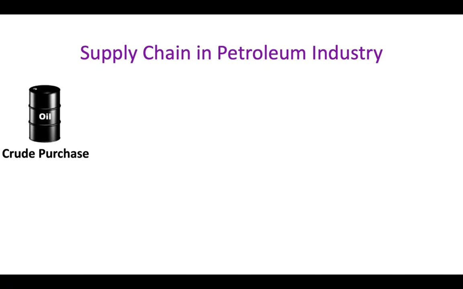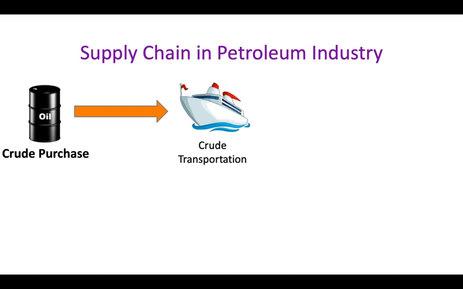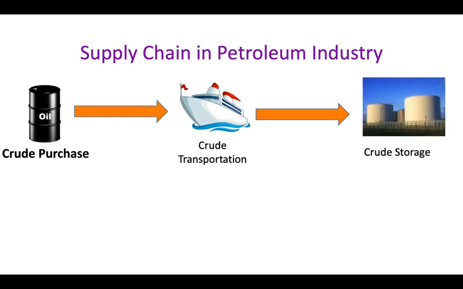So crude oil purchase will be done first. And once the crude oil is found and purchased, crude transportation will take place from its location to different locations. After that, the crude oil will be stored in the crude storage, and from there the distribution starts.